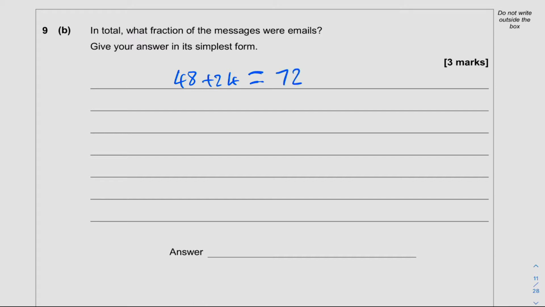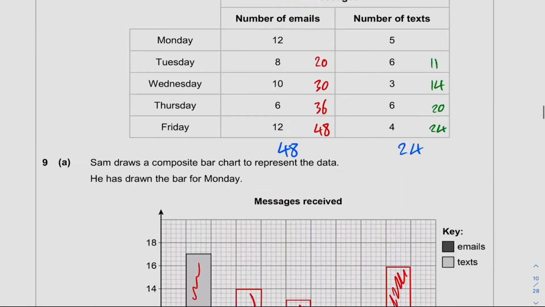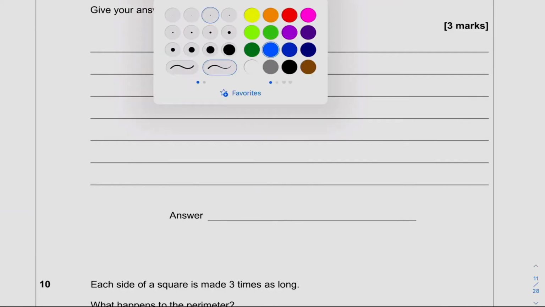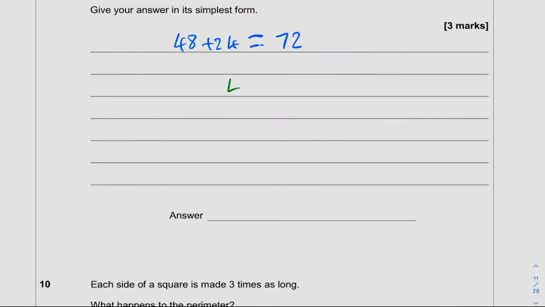So then we need to work out the fraction of messages that were emails. So the number of emails that we received were 48. So what we do is we take our 48 and we then divide it by 72, and we just need to simplify this fraction. So what can we divide by?